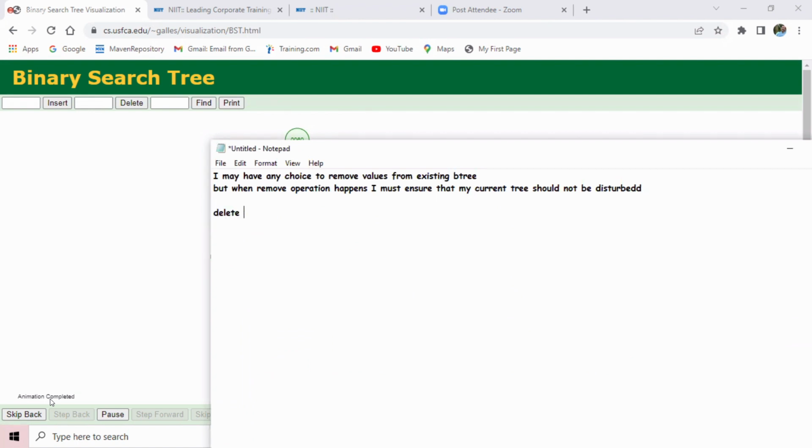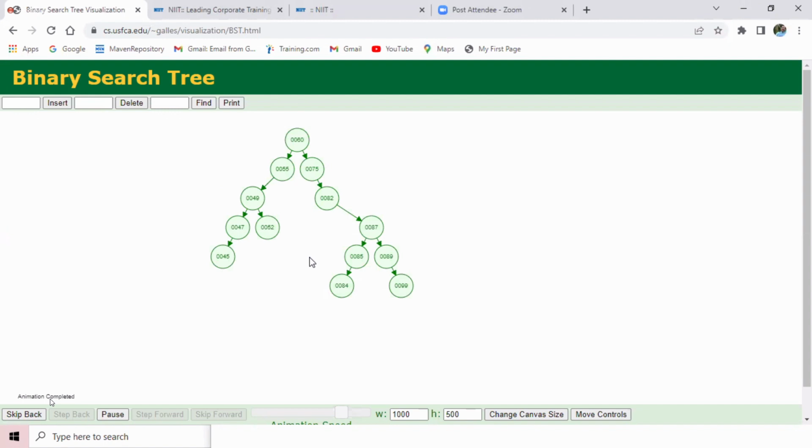Delete a node which is a leaf node itself. Tell me, to delete a leaf node, what value do I need to delete? Any value you can give me.